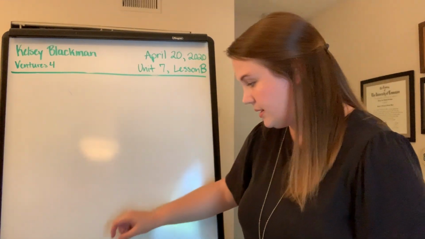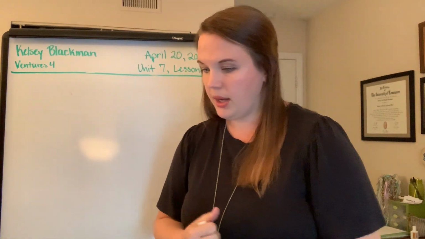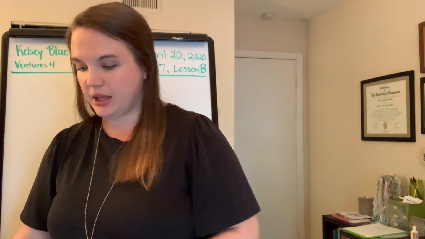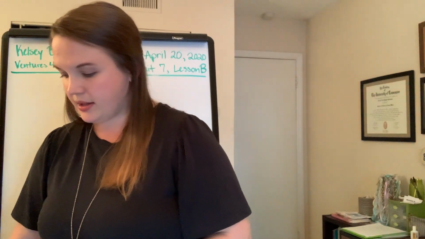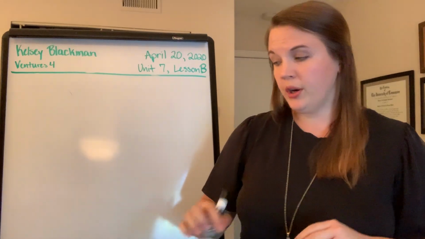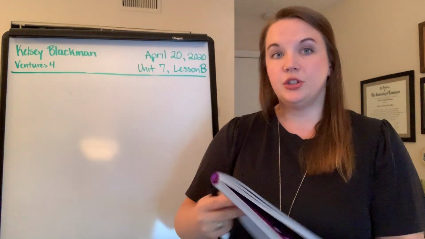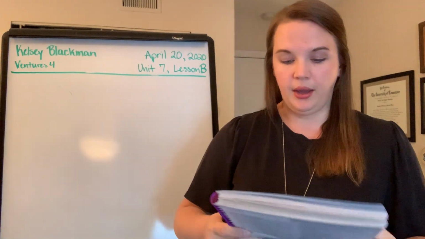Now let's practice combining two sentences to make one independent clause. Actually, I was gonna do practice, but let's just go over the homework. So your homework assignment was to work on page 86, okay?